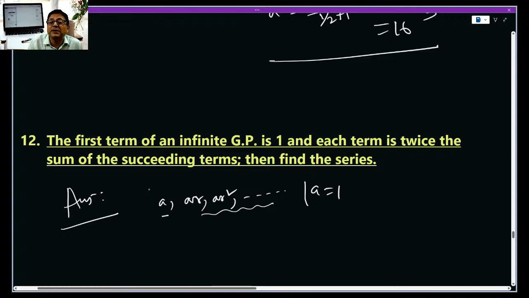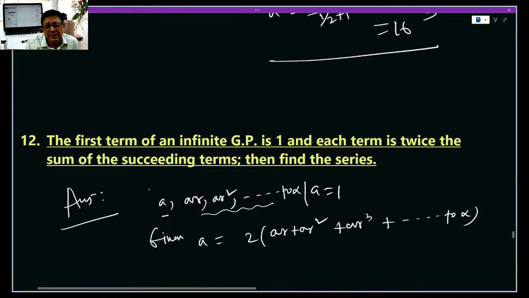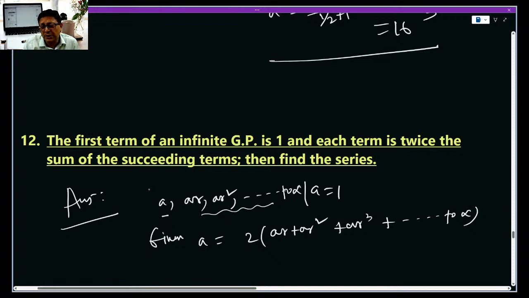This is possible for an infinite GP only, as the series of terms goes on decreasing. I can start from here: the first term a equal to 2 into the sum of the succeeding terms. Got it? But this is also an infinite GP.